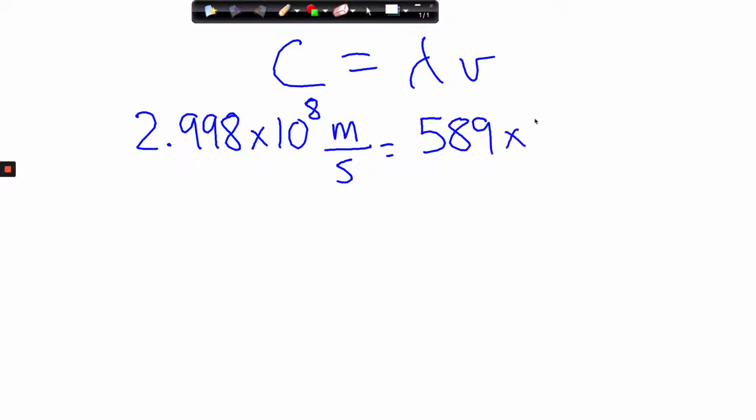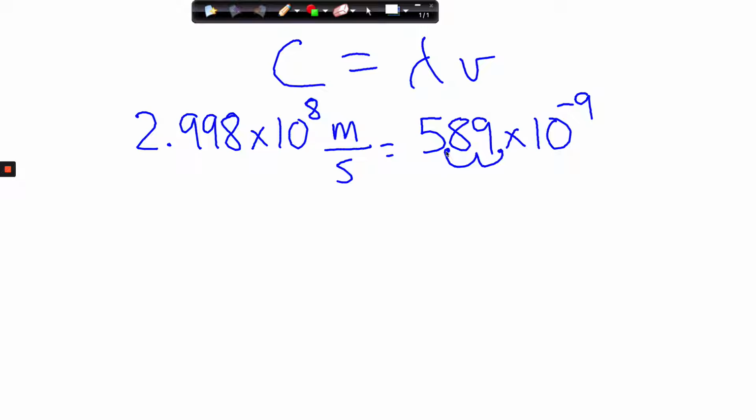Well, all we've got to do is add what nano means. Nano is 10 to the negative 9th. Now please don't do this, but I've had students in the past say, I don't like it like that because the decimal is supposed to be here, and they make it 5.89 times 10 to the negative 11th.